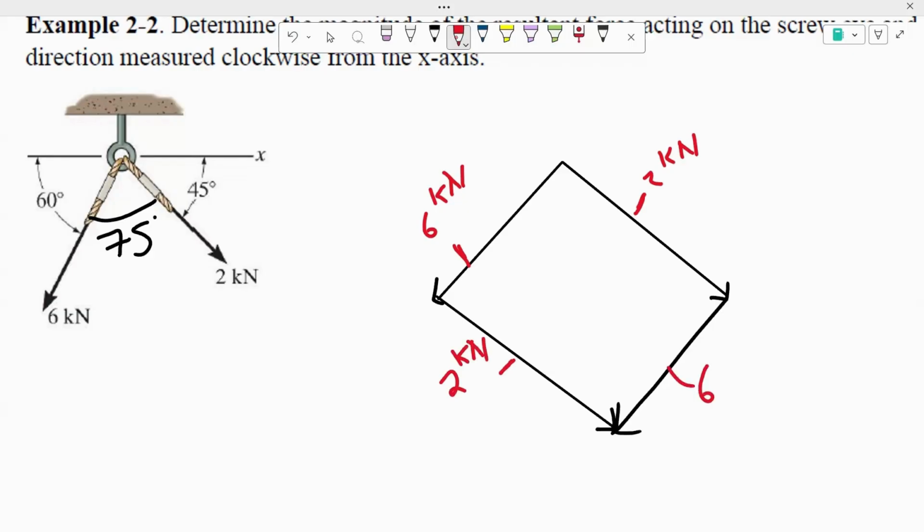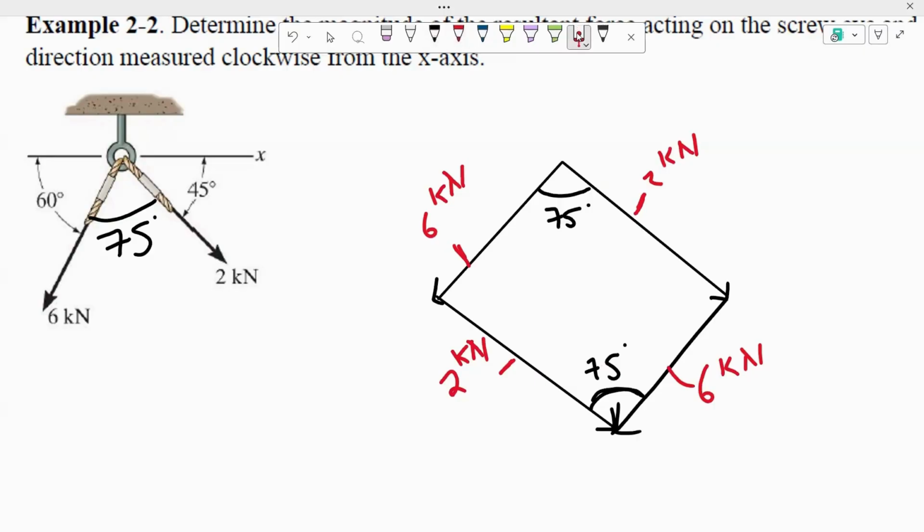And this one is 6 kilonewtons. Okay. So we know that this angle right here is this angle. So we know that this angle right here is 75 degrees, making us already know this angle, 75 degrees.